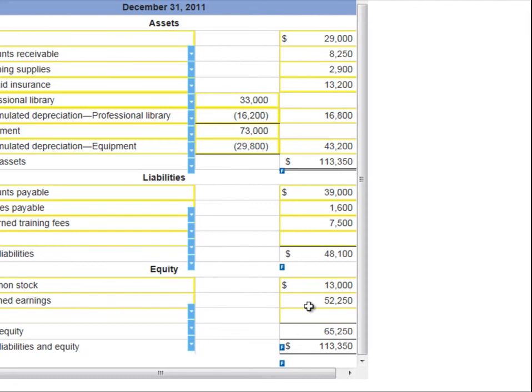Don't try to pull it from your unadjusted or from your adjusted trial balance. Don't pull it from any trial balance, because that'll cause your balance sheet not to balance out. This retained earnings has to come from your retained earnings statement. Your check figure will be making sure that assets balance out to liabilities and equity. If they don't, you have a mistake somewhere.